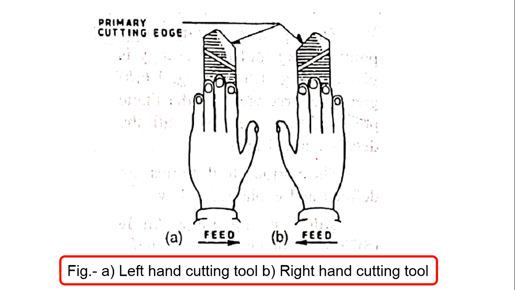If you keep your right hand on the tool with the palm downwards and fingers pointing towards the nose, and if your thumb shows the major cutting edge, so this is the major cutting edge, then this is your right hand cutting tool.